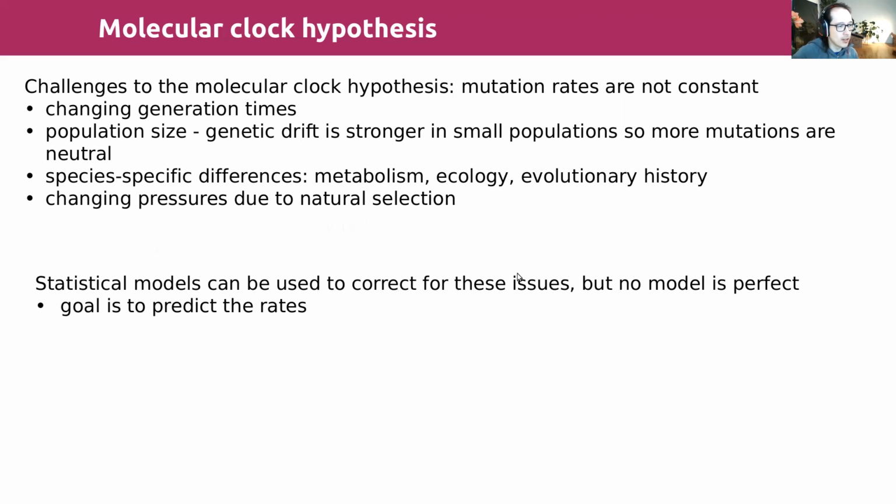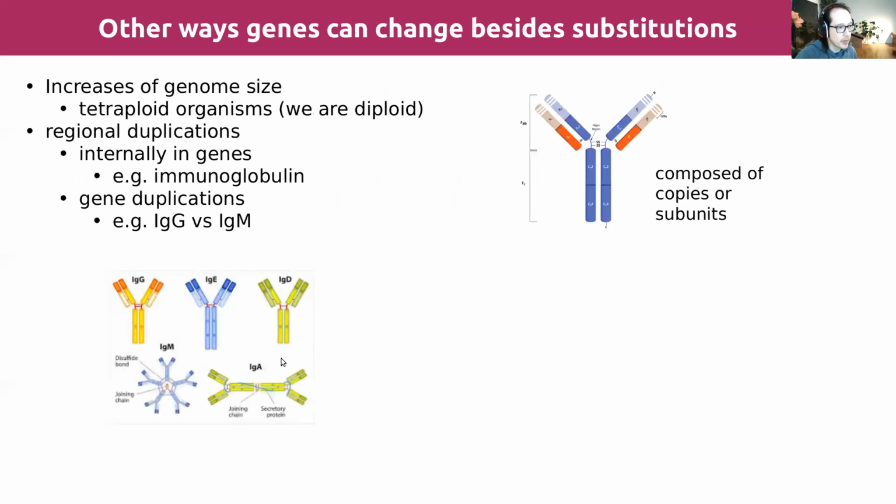Statistical models then get used to correct for these issues. But the thing to keep in mind is that while the goal is always to predict these rates, models are not perfect, and this is always an approximation in the absence of more precise temporal data, such as that which we have for coronavirus, for example.